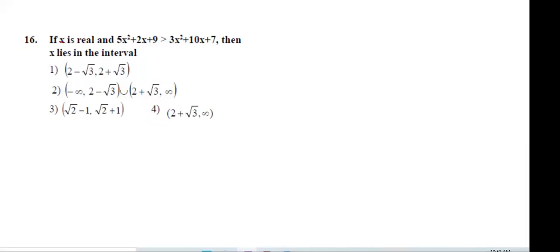If x is real, 5x square plus x greater than 3x square plus 10x plus 7.